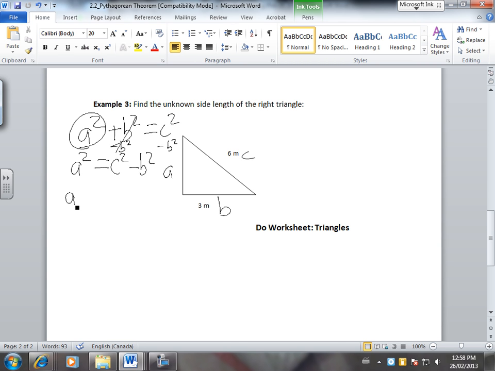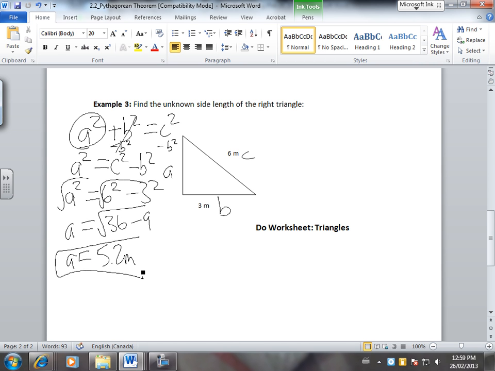And so then a squared will equal 6 squared minus 3 squared. You square root both sides, so a will equal the square root of 36 minus 9, and a equals 5.2 meters.